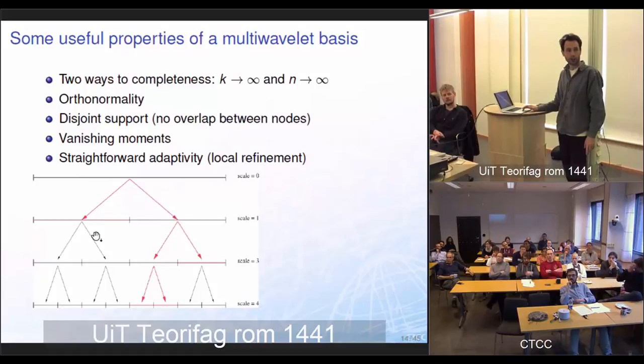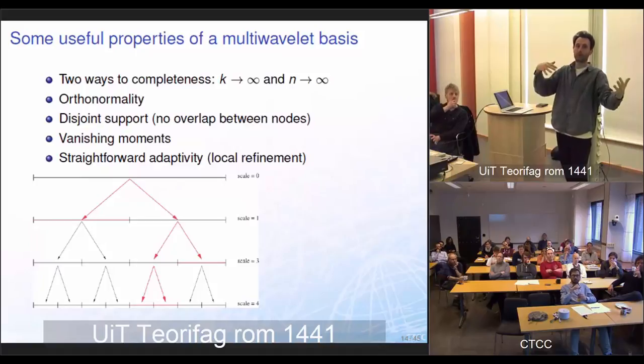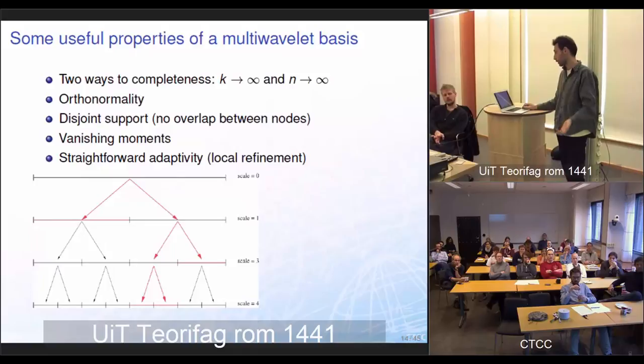But that will not affect what happens on the left side, meaning that this adaptivity is then straightforward. I can refine only what I have to, and I don't have to bother what happens to the side where I didn't refine. Without this disjoint support, meaning if functions start to overlap in between intervals, of course, if you refine on one side, you would influence what happens on the other side. And that will complicate your picture significantly, also your algorithms.